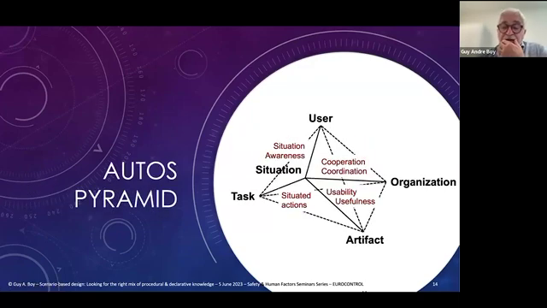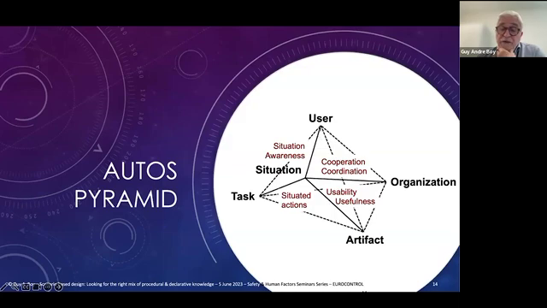And then if I add another point here, the situation. Situation means, if you design an aircraft or an air traffic control center, the situation could be the weather, the external events that actually will influence the task and the use of the artifact, and also the organization and the people.